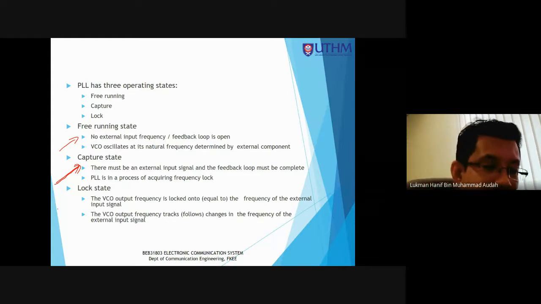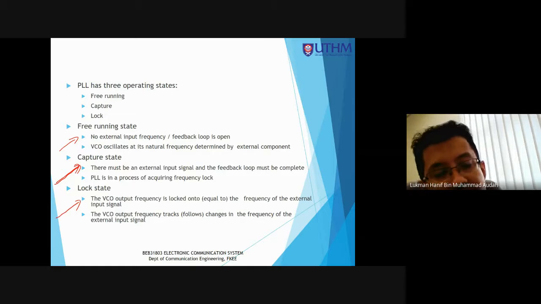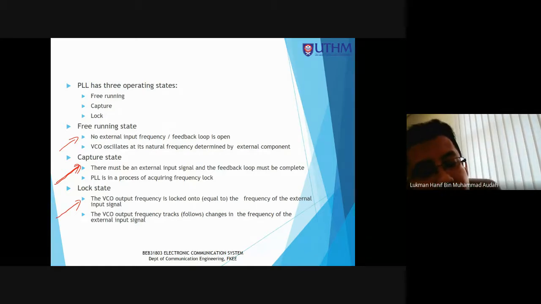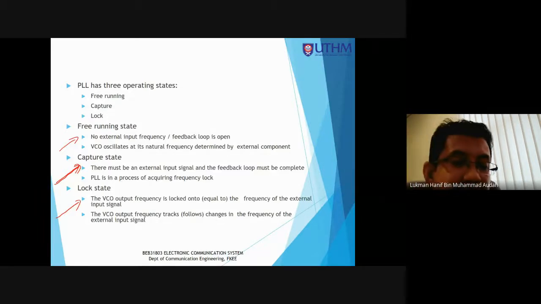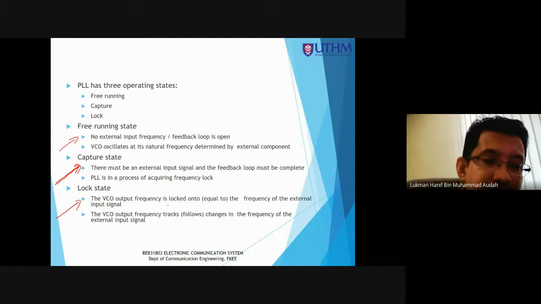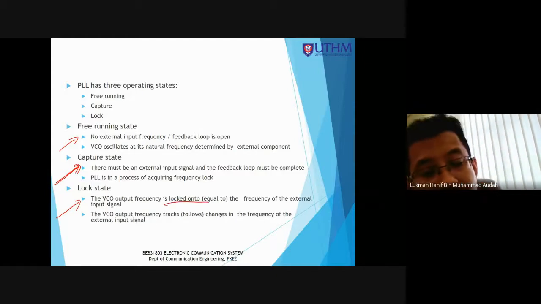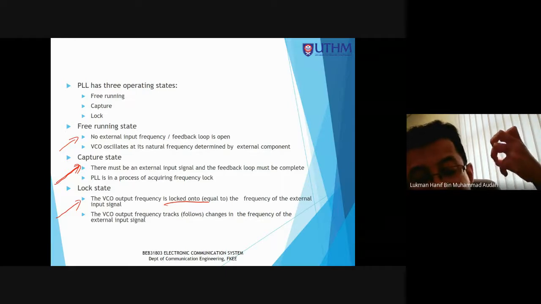Okay, and then what? Lock state. Lock state is when the frequency of the input is equal to the frequency of the VCO. That means we lock into the input frequency. Bermakna PLL itu telah menerima frekuensi yang diinginkan.